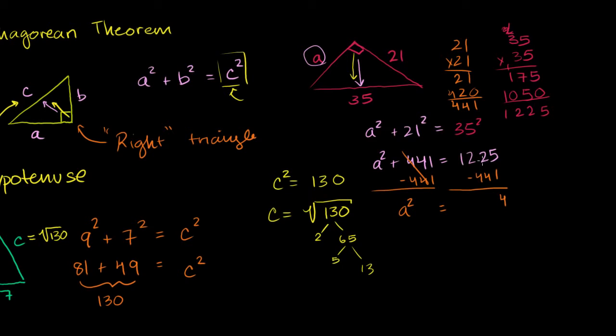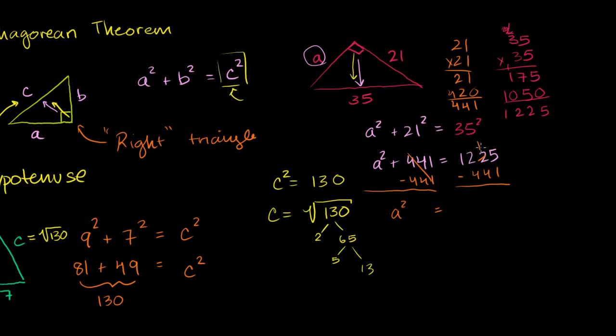Let me write this a little bit neater here. So minus 441. The left-hand side, once again, they cancel out. A squared is equal to, and then on the right-hand side, what do we have to do? 2 is not larger than 4, so we're going to have to borrow.